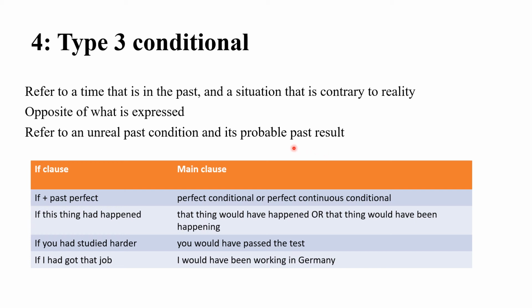In type 3 conditional sentences, the if clause usually uses a past perfect tense and the main clause usually uses a perfect conditional. This conditional is used to show that if this thing had happened, that thing would have happened, or that thing would have been happening. For example, if you had studied harder, you would have passed the test. Or another example can be, if I had got that job, I would have been working in Germany.